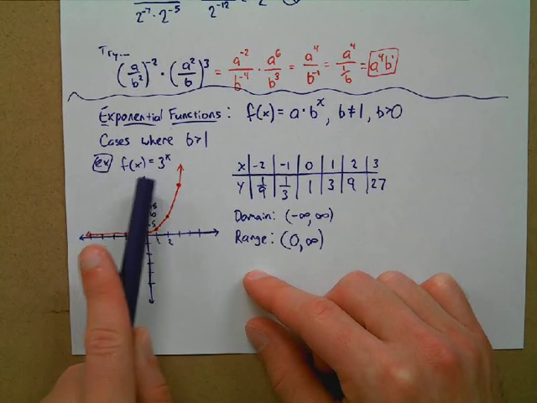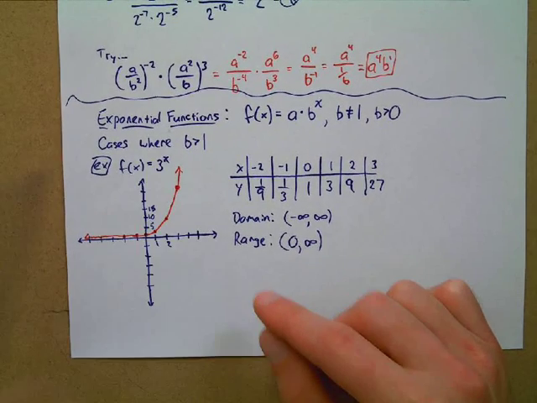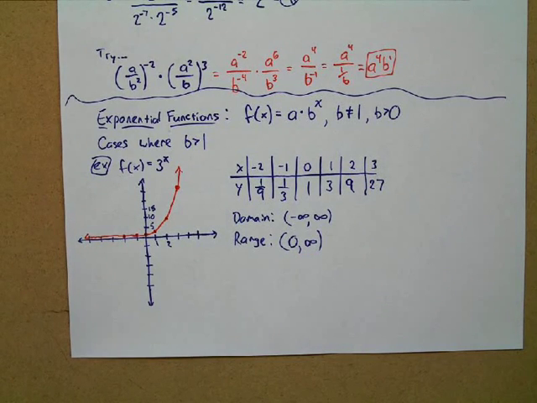So as you approach negative infinity, the horizontal asymptote is 0. But as you go to the right, we have an end behavior that goes to positive infinity. In fact, you can apply the horizontal asymptote rules to this to help you realize that there will be a horizontal asymptote as x approaches negative infinity.